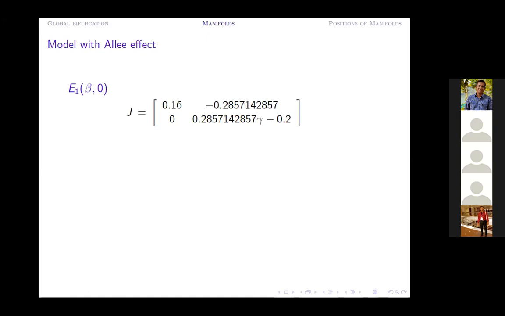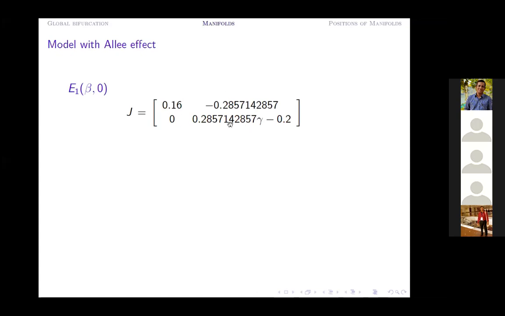We are going to vary gamma only. As we are going to vary only gamma, that's why I have substituted all the parameter values, and at beta, I have calculated the Jacobian matrix, and as a result, I have this particular Jacobian matrix in this form. So these many decimal places I have considered just for the accuracy of the numerical simulations.